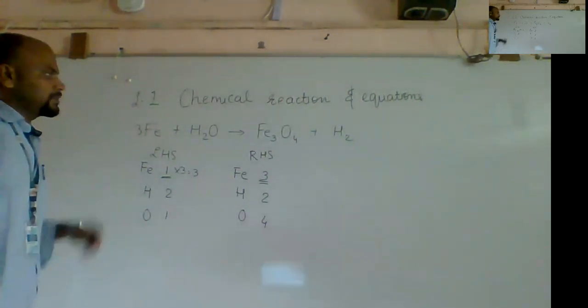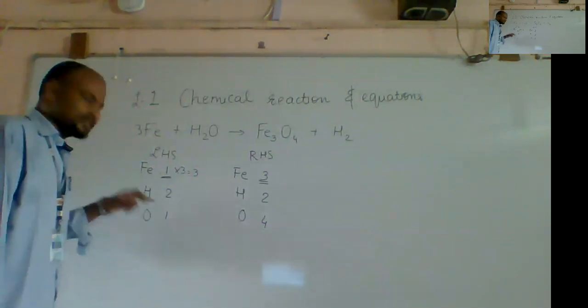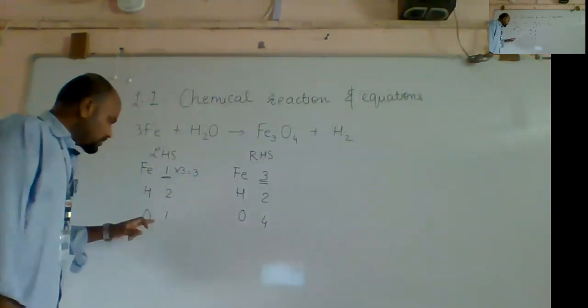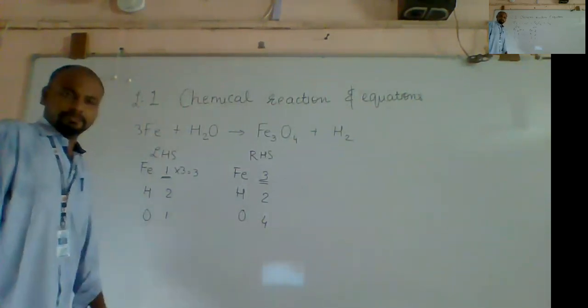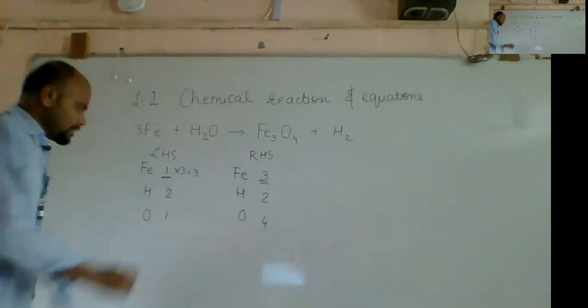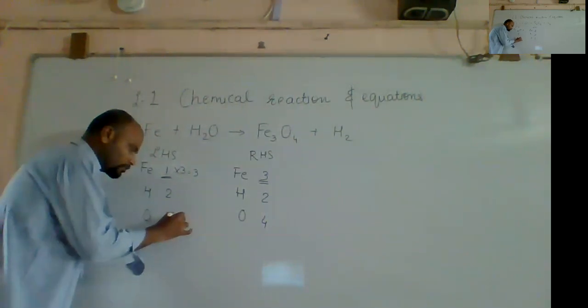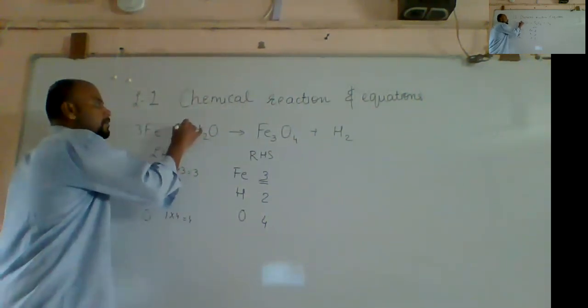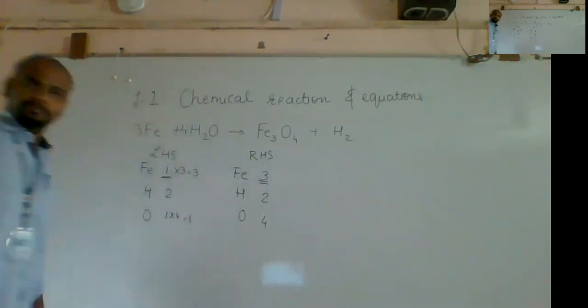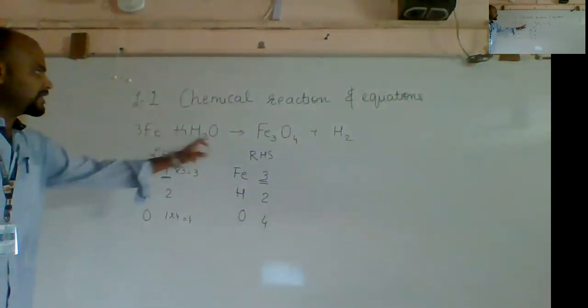If you see the number of oxygen atoms, in case of reactants it is 1, whereas on the product side it is 4. So in order to balance oxygen, we multiply the reactant side by 4. So it becomes 4 over here. So the oxygen is balanced.